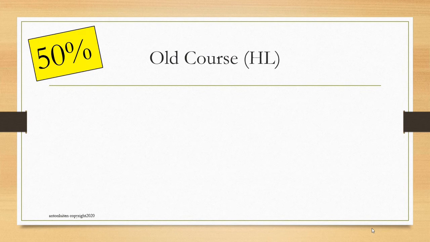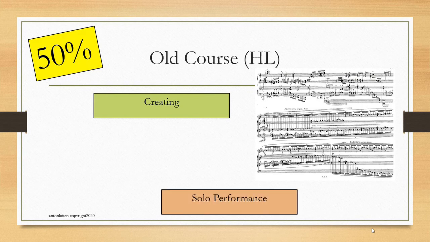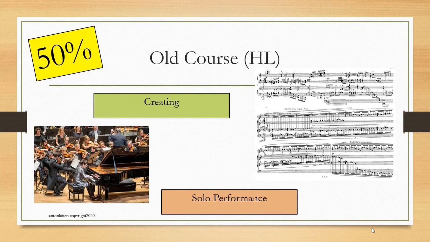For higher level students in the previous course, both creating and solo performance were required for 50% of their course mark. Similarly, these components are now incorporated into the new course in a much more holistic manner. More on this later.